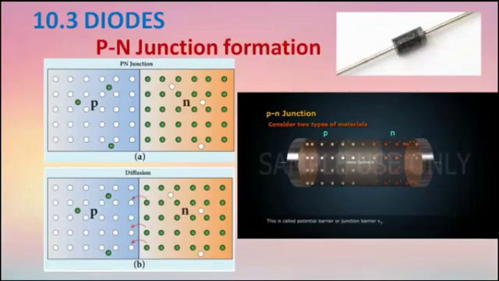It attracts electrons from the P side to the N side. This movement of carriers happens due to the formed electric field and it constitutes a current called drift current. The diffusion current and the drift current flow in opposite directions, and at one particular instant both are equal. Thus, the PN junction is formed.